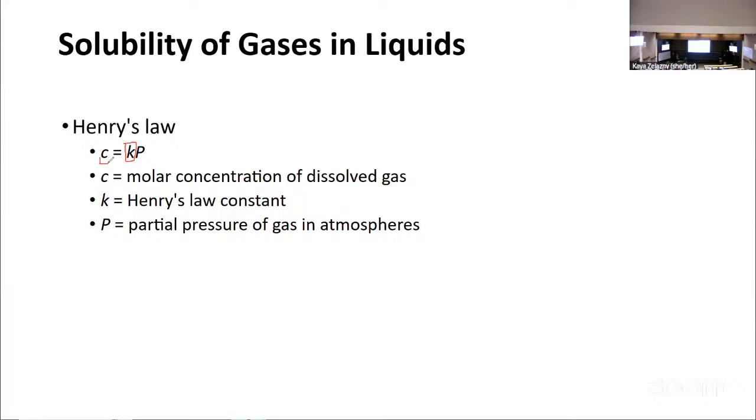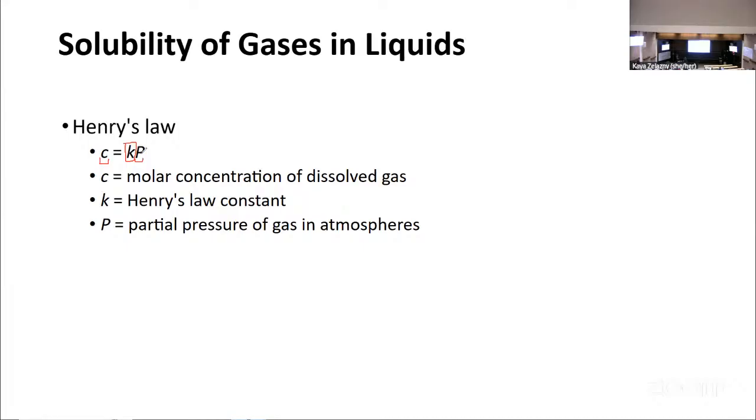C is a concentration of a gas dissolved in a liquid, and P is your partial pressure. And in this case, we're thinking of the partial pressure of the gas in the atmosphere, so in the air, right?